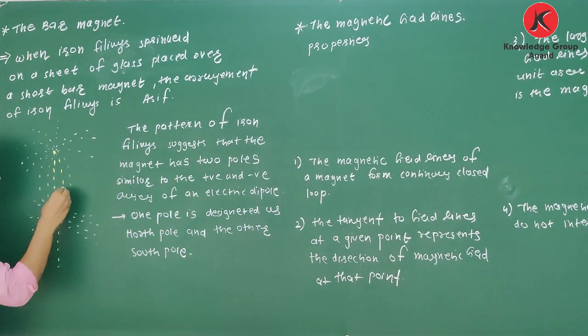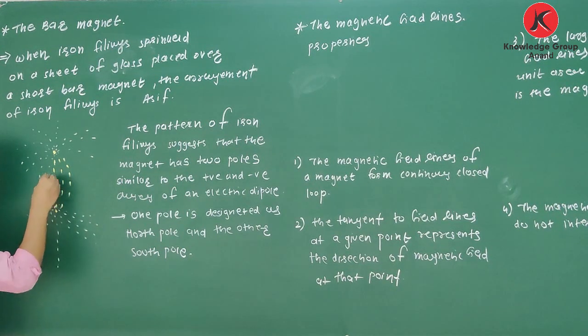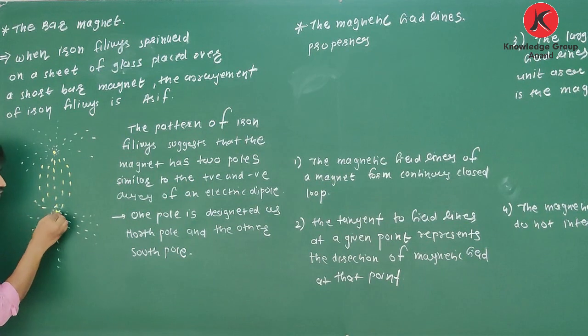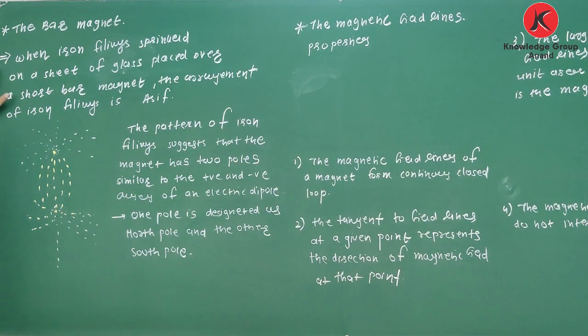You know this experiment, or you can also perform it at home. So when iron filings are sprinkled on a sheet of glass placed over a short bar magnet, the arrangement of iron filings is as shown in the figure.